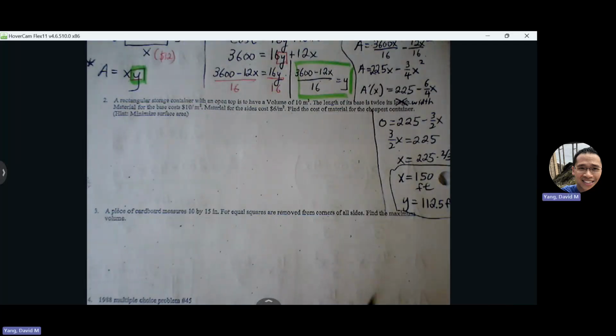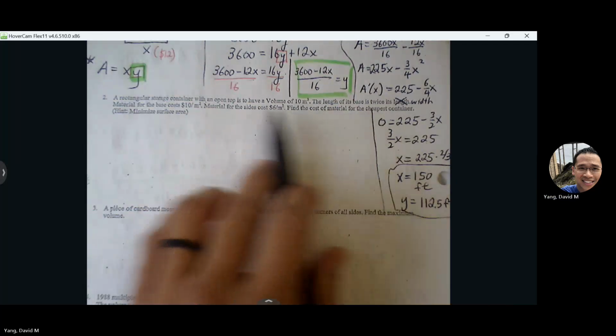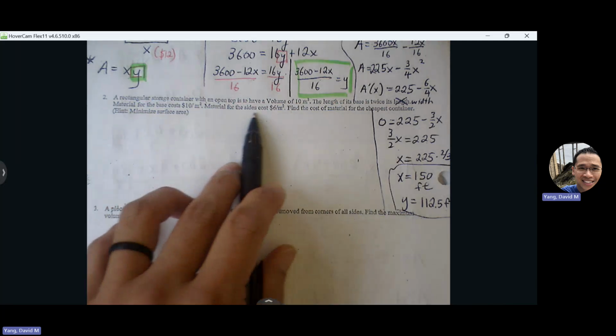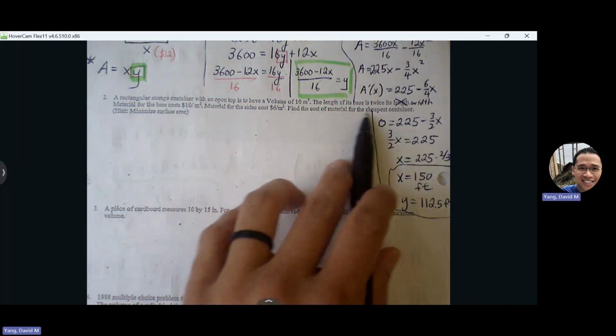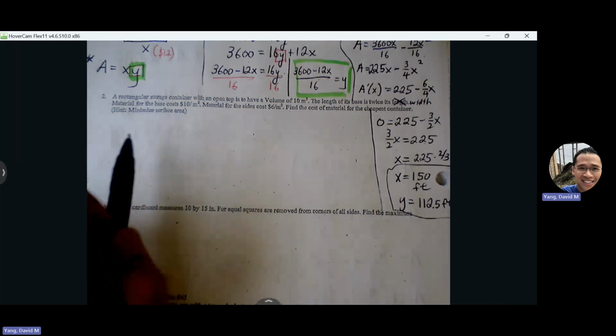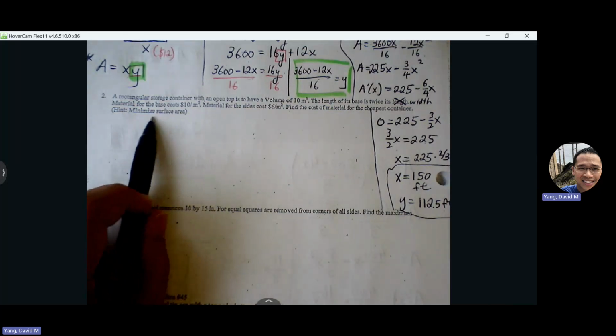Material for the base costs $10 per square meter. Material for the sides is $6 per square meter. Find the cost that will create the cheapest container. And the hint is we're trying to minimize the surface area.